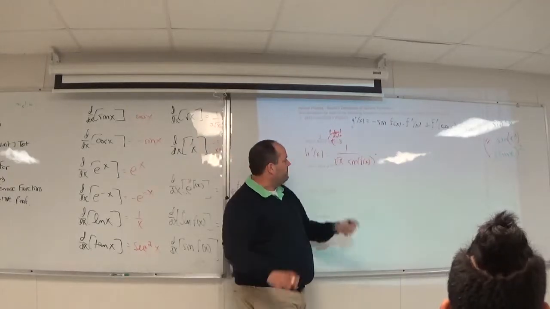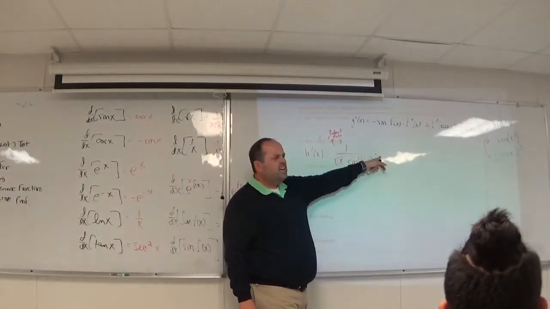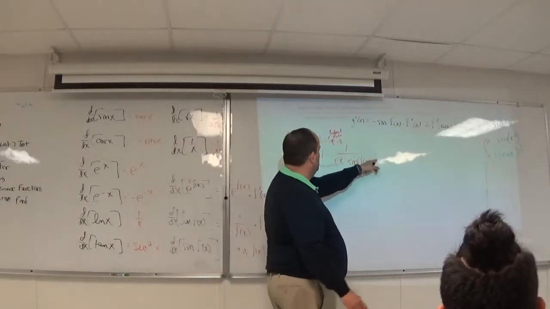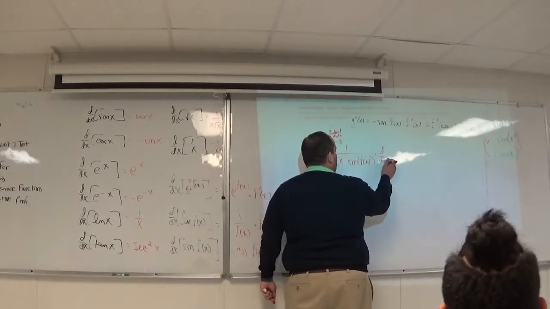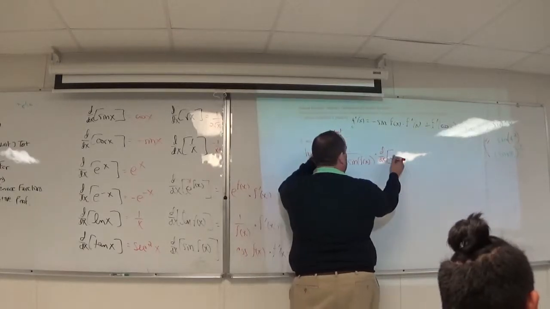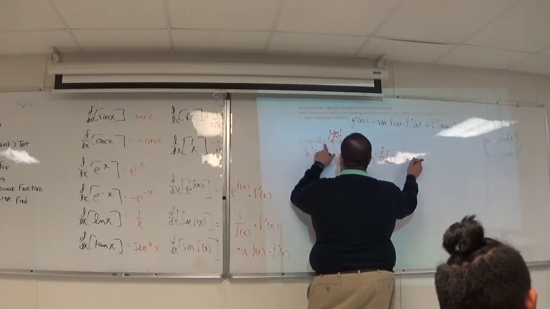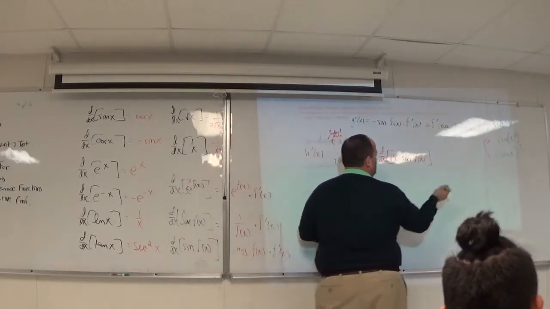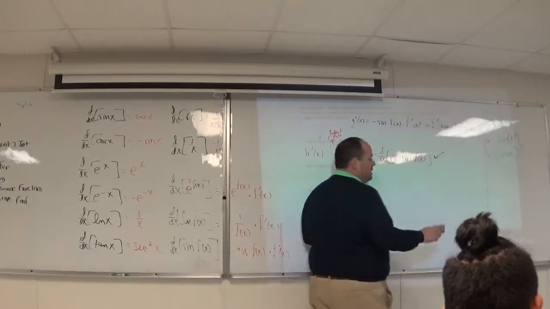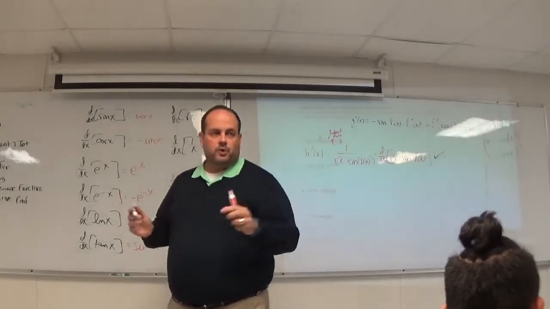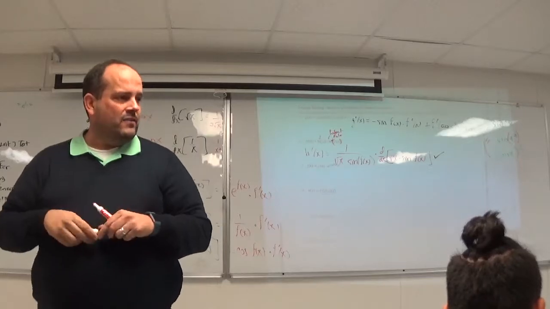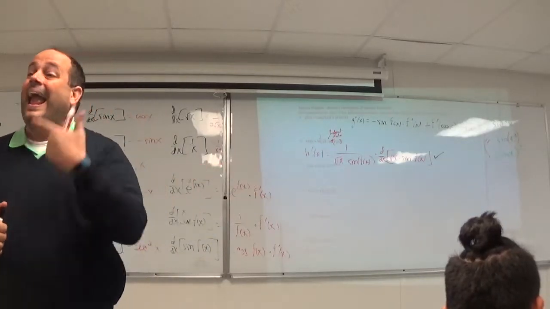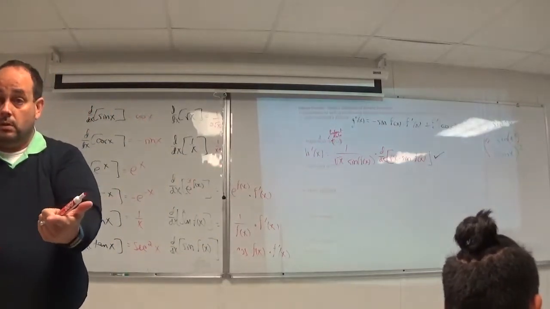Instead, 1 over stuff times the derivative of the stuff, square root of x times sine of f of x. And I guarantee you on the test, free response, you've earned the first point. You are showing me you know how to find the derivative of natural log and you understand chain rule.